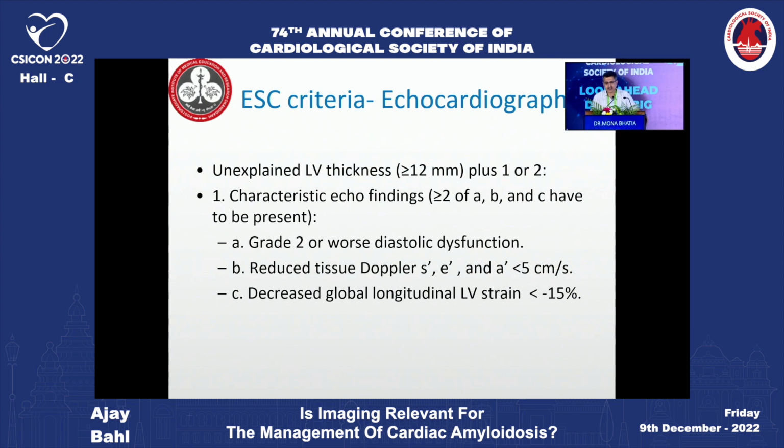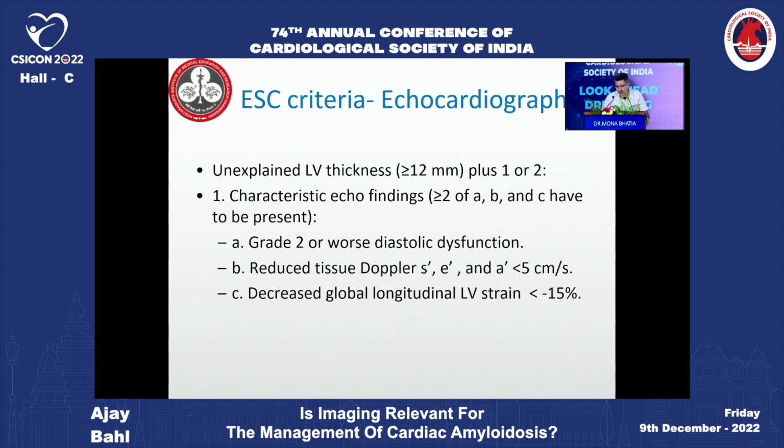So what are the ESC criteria on echocardiography? The first thing is that the LV wall thickness is increased. This is usually mild to moderate, but occasionally there can be severe left ventricular hypertrophy.